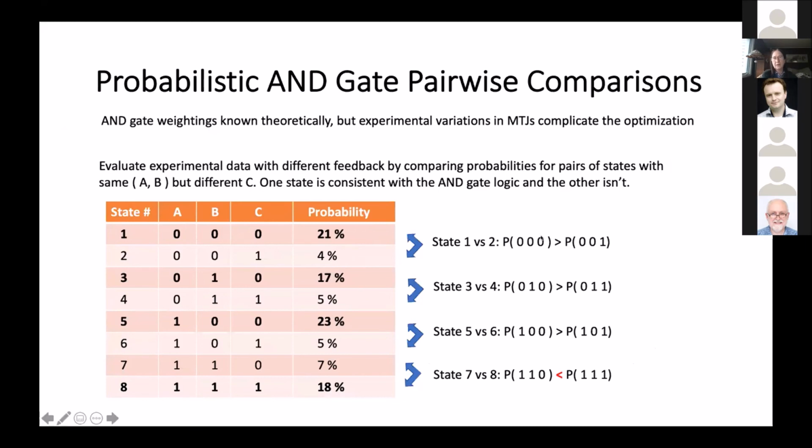We're always going to see that, say, the state with all of them 0 is going to have a higher probability than the state with A and B equal to 0, but the output being 1, which is inconsistent with the AND gate truth table. So that's the way that we analyze and compare the results for different scenarios and different levels of the feedback.